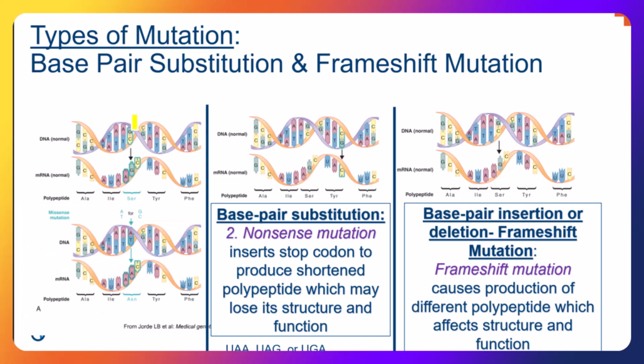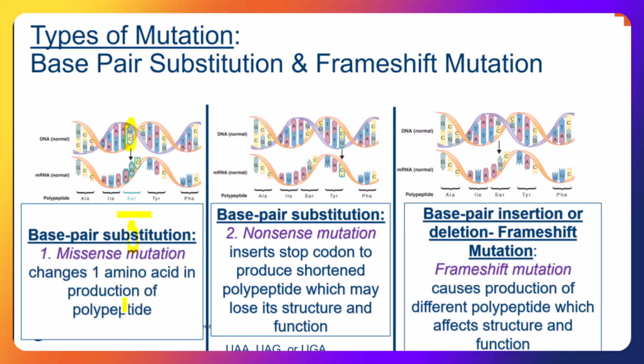So let's start up here. This is what is normal, GC. What we're going to do in this base pair substitution is substitute AT in for GC instead. So now you can see we have AT, adenine and thymine. We have created a base pair substitution.